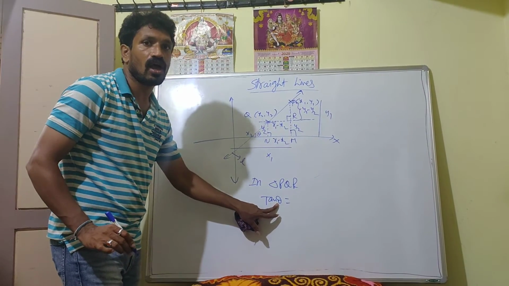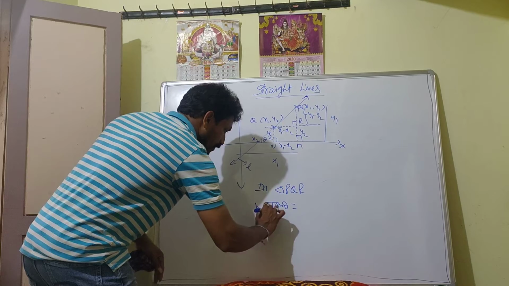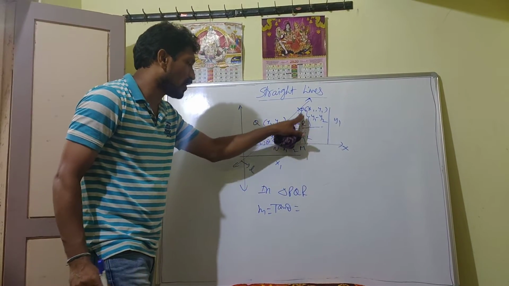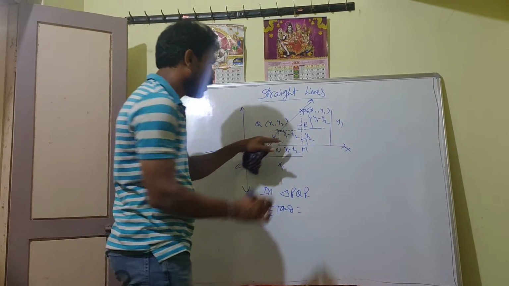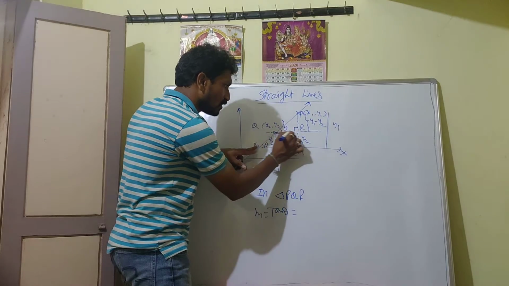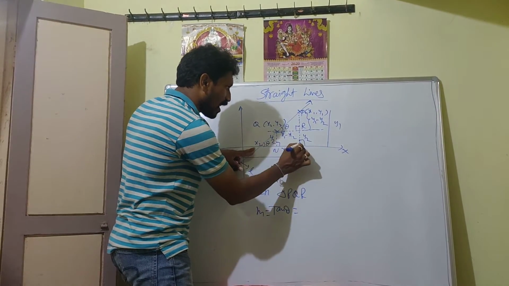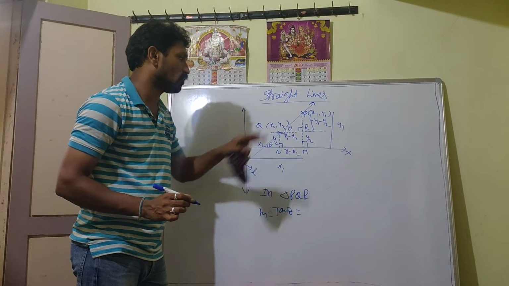Slope means tan theta only, m is equal to tan theta. This tan theta we can derive from this right angle triangle according to trigonometry. If it is theta, then it will also be theta here, because this triangle and this big triangle are similar triangles.